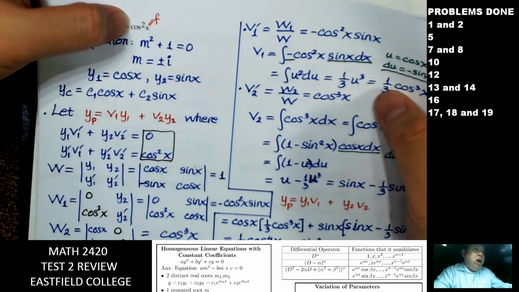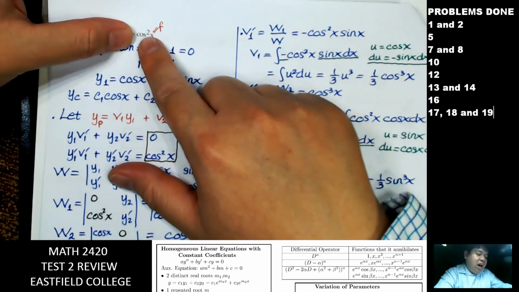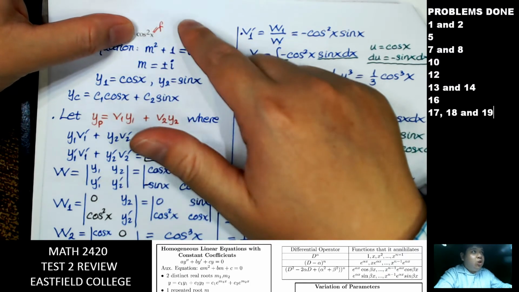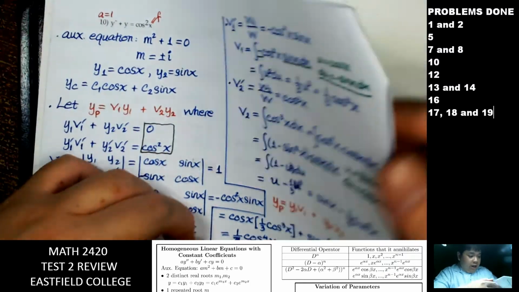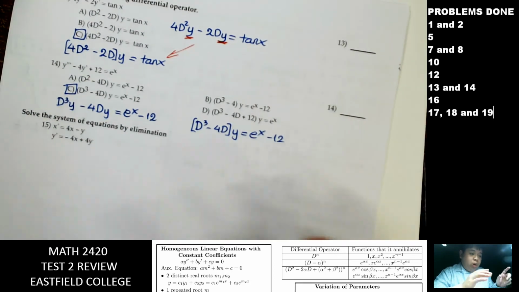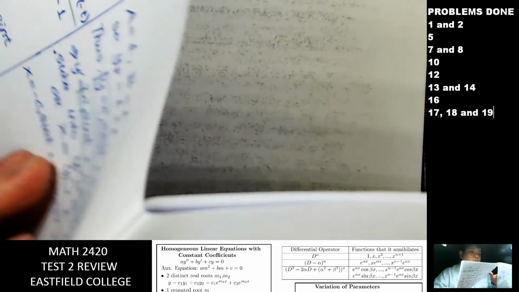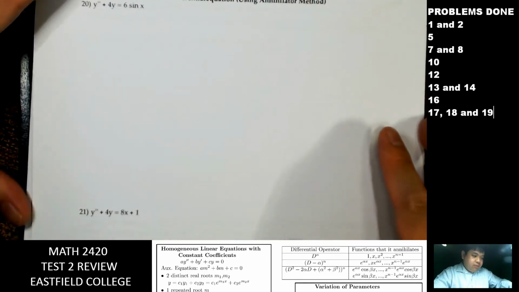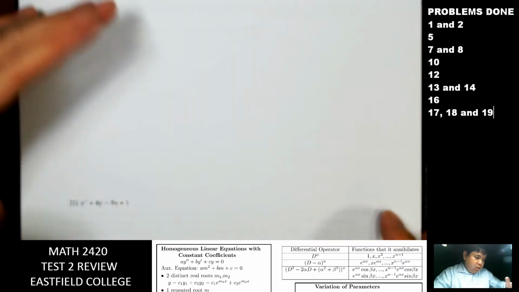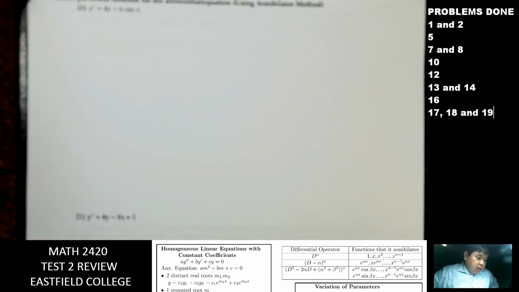Also, because we have cosine squared, we cannot find the annihilator for this. So the variation of parameters will work with a wide range of functions.